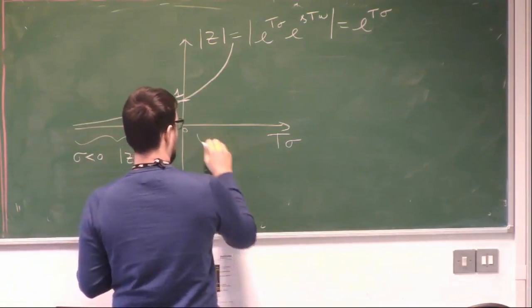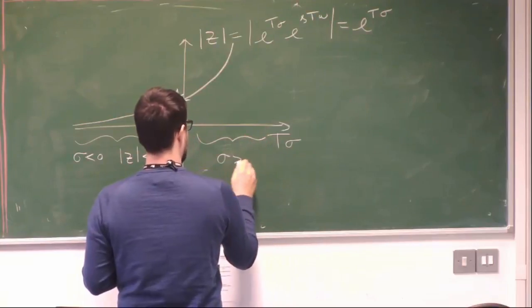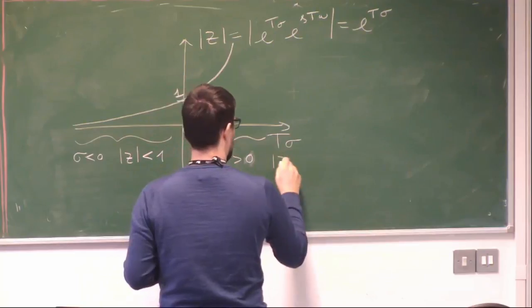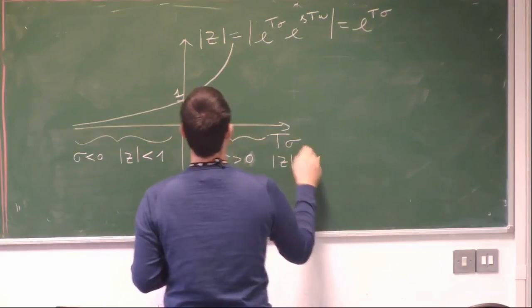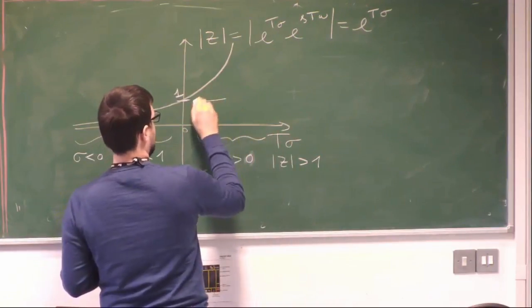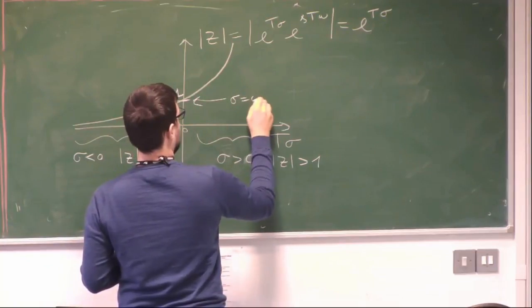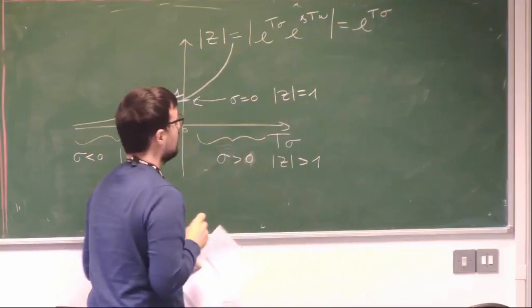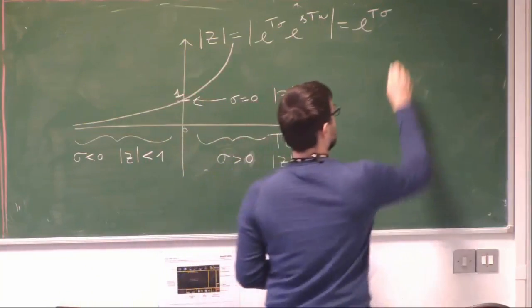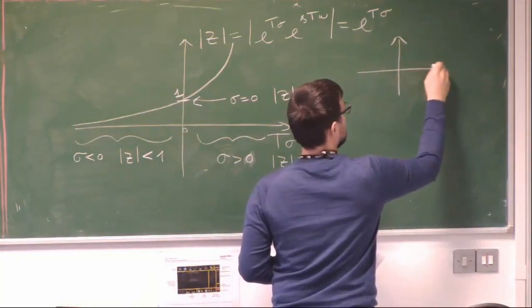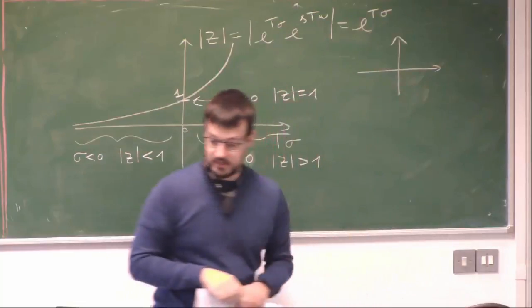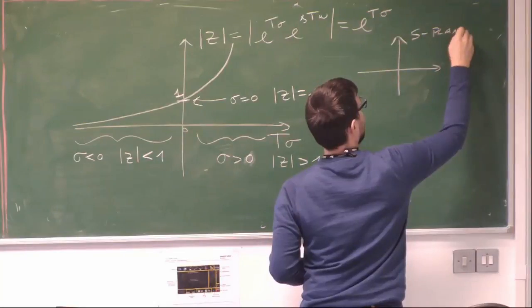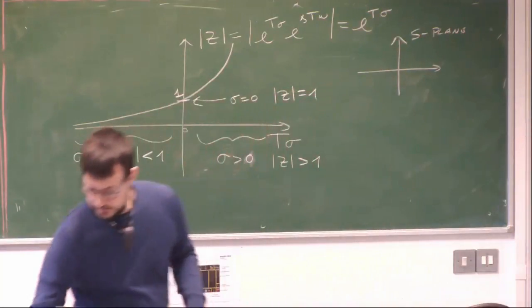For sigma greater than 0, the absolute value of z is greater than 1. And when sigma is equal to 0, the absolute value of z is equal to 1.